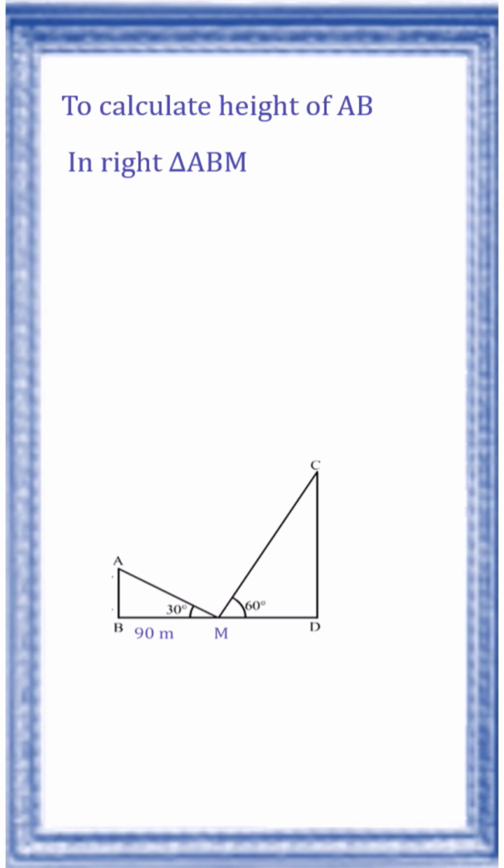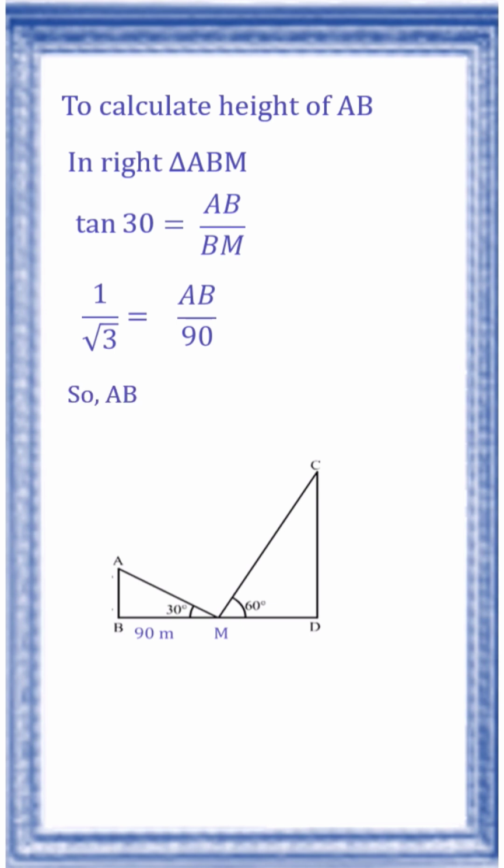Now we have to calculate the height of the tower AB. How can we? Select the right angle triangle ABM. tan 30 is equal to AB by BM. 1 by root 3 is tan 30. AB we don't know, BM is 90 meter. So AB is equal to 90 by root 3. Rationalize the denominator or put 1.7 here itself as you like it.